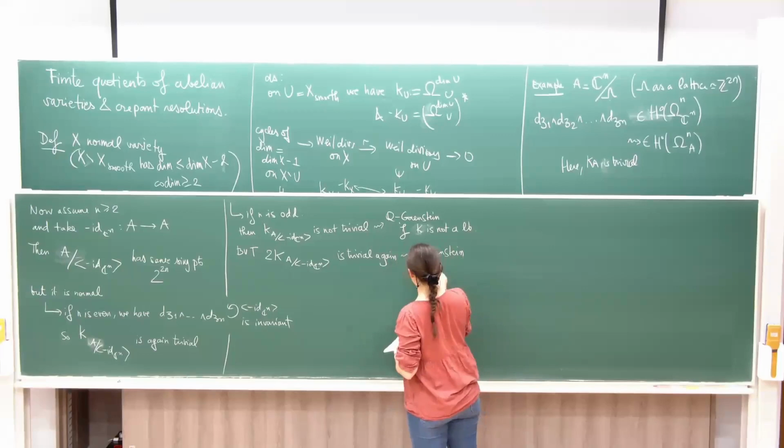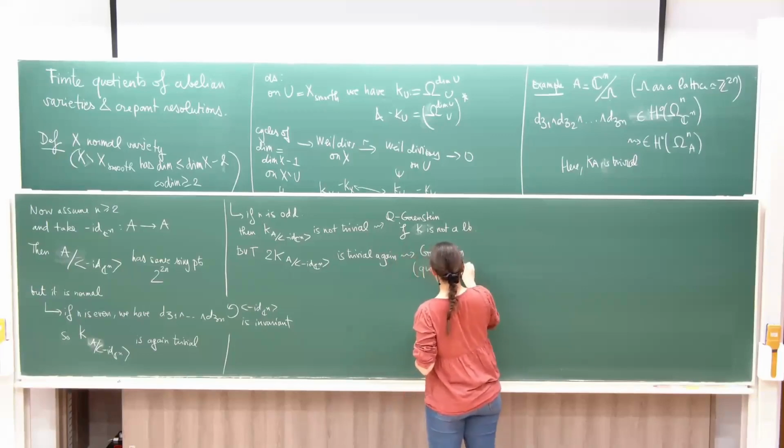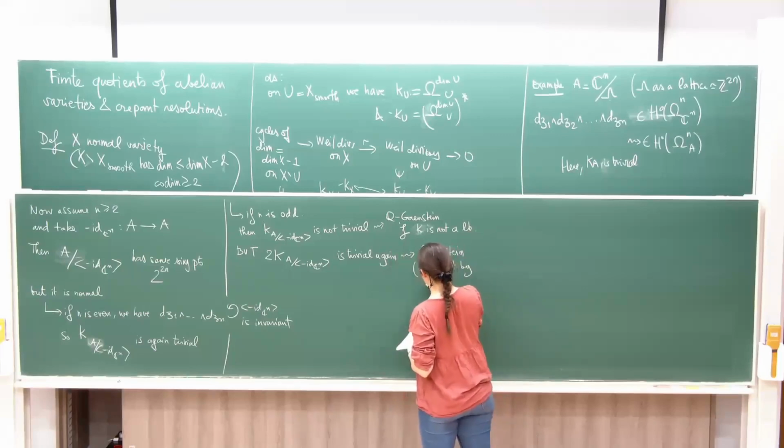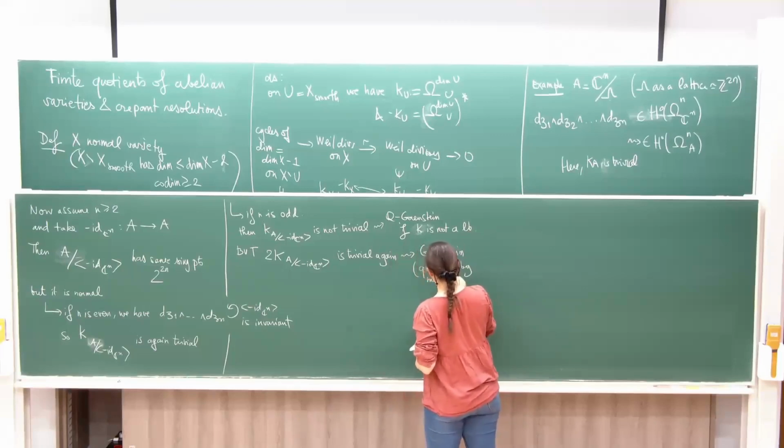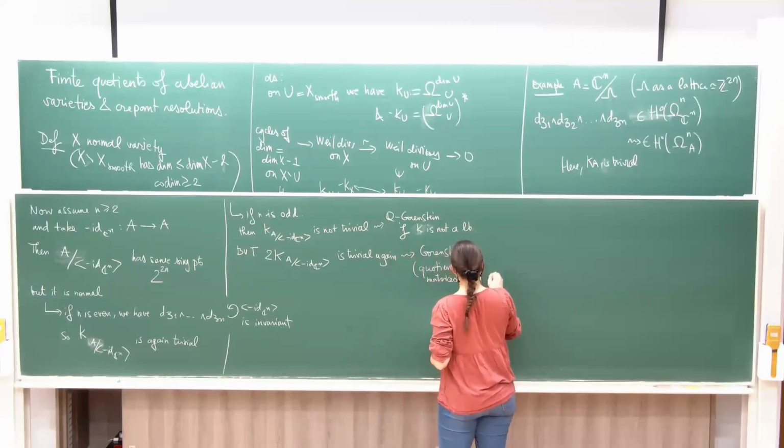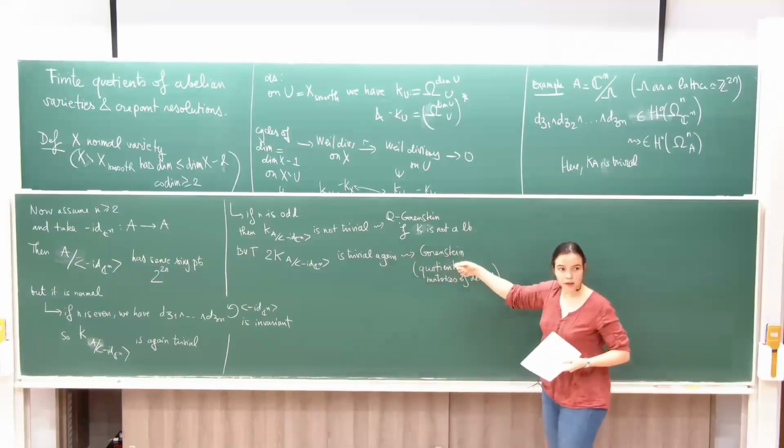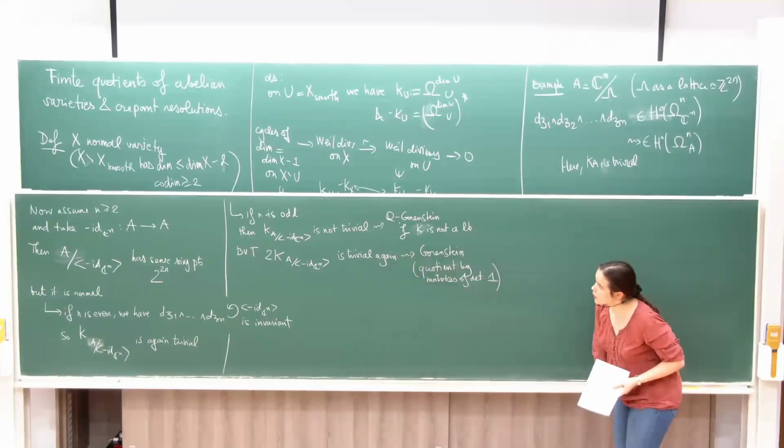So it corresponds to a quotient by matrices of determinant 1, kind of condition. So here you get singularities less bad.